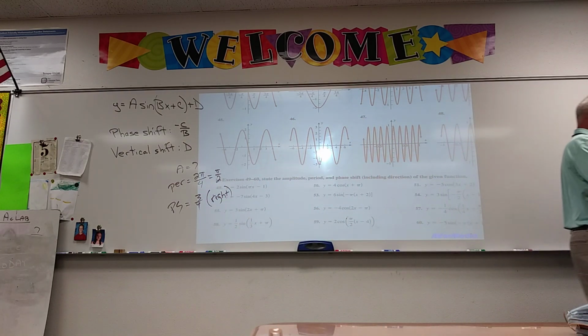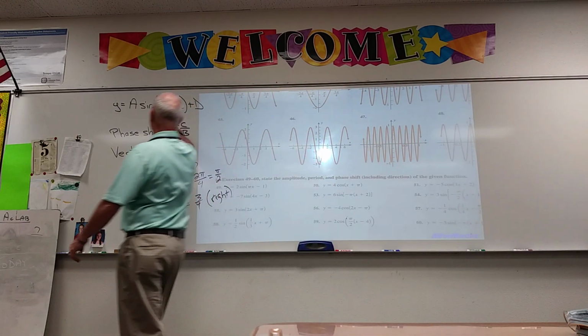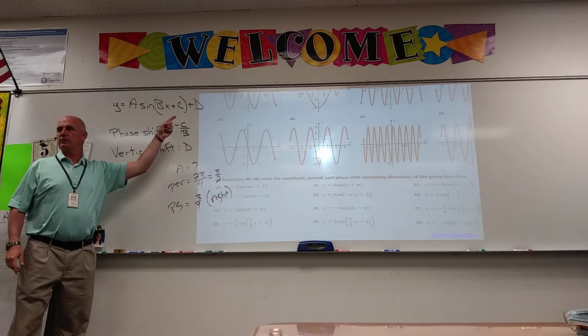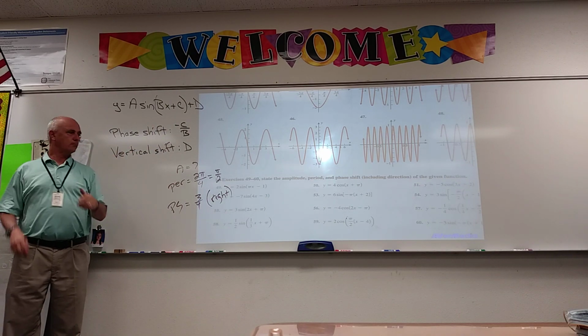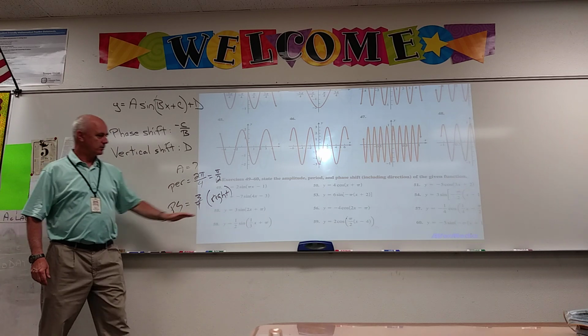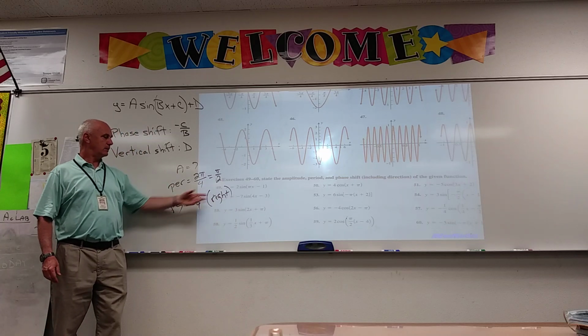If phase shift is, after putting it into the formula, negative C over B, if the phase shift is positive, it'll go to the right. If the phase shift is negative, it'll go to the left. That's kind of what this negative does. This negative sign takes into account that it goes the opposite way that we think. So if in doubt, go back to this and go, well, I know this is supposed to go to the right. And so it does.